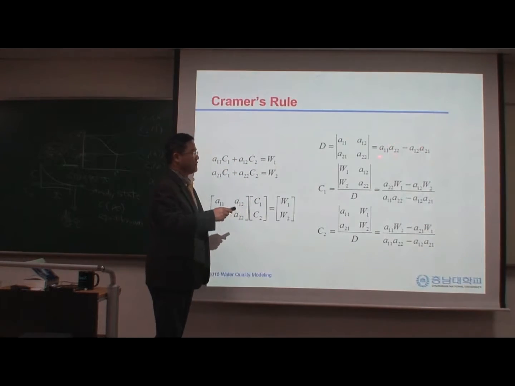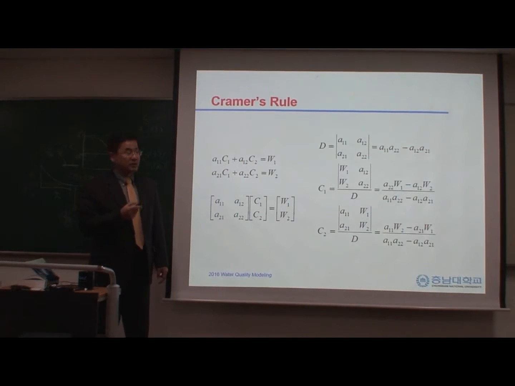So we know this function, we know this value, right? And then we bring this one to my denominator. And then for C1, using this matrix, I will place W1 and W2 here, right? And A12, A22 is there. And then we can calculate the determinant by using the same method that we used in here, okay?